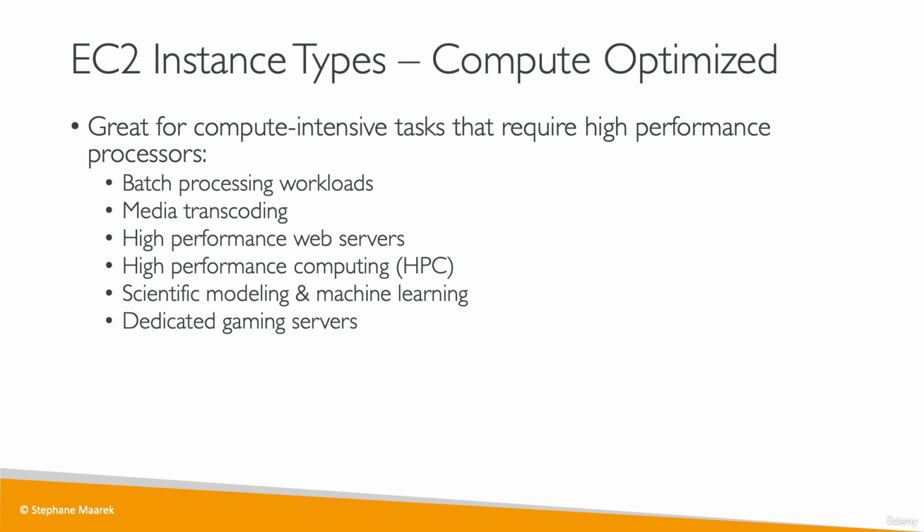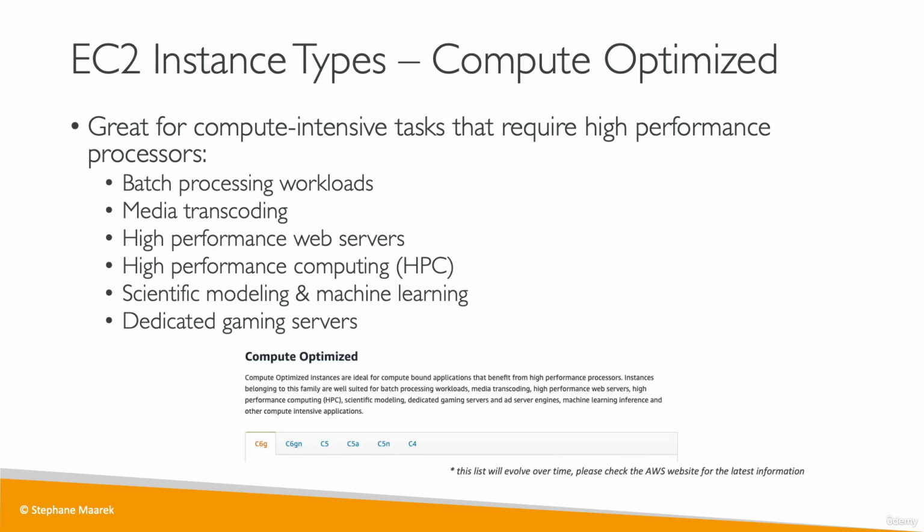All these tasks require a very good CPU, a very good compute side, and EC2 instances have this particularity. For now, all the compute optimized instances in EC2 have the C name, so C5, C6, and so on.